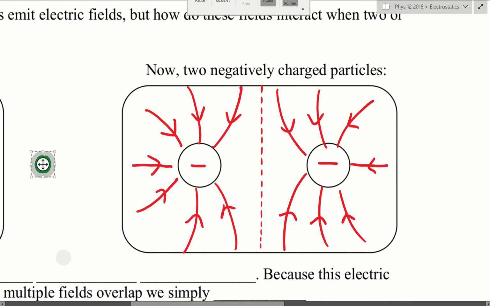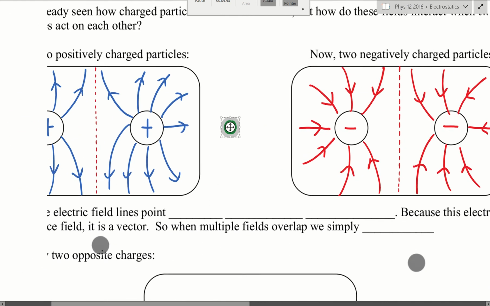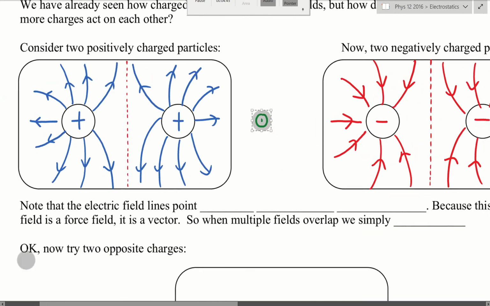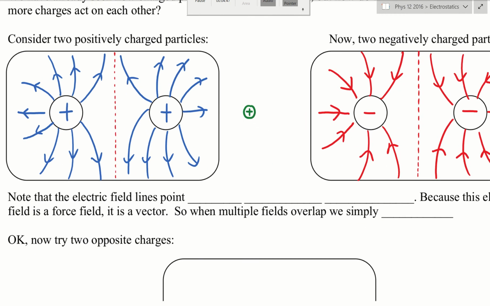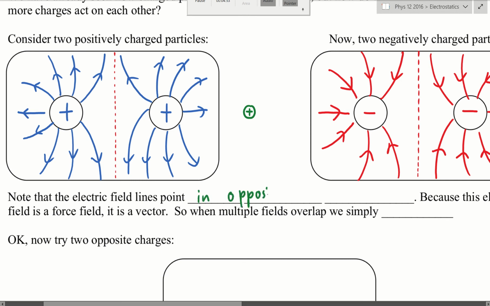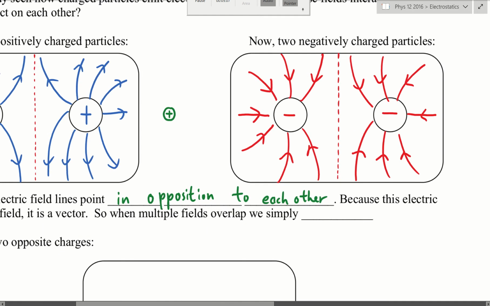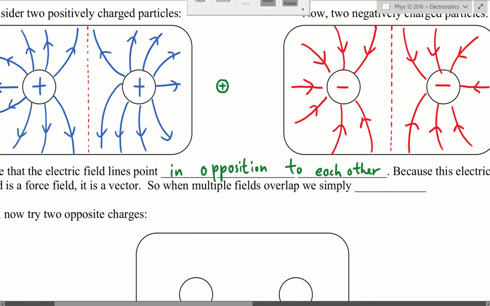So now note that the electric field lines point in opposition to each other. In both cases, they are either both pointing away or both pointing into, so they are pointing in opposition to each other, because this electric field is a force field, it's a vector.